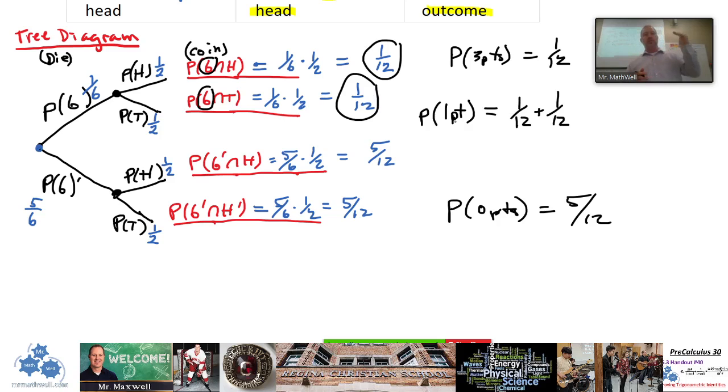So it's the first one or the second one. And then probability of heads as well. So I have to consider the heads as well. So there's this one, 5 over 12. Okay, I could get a head there.